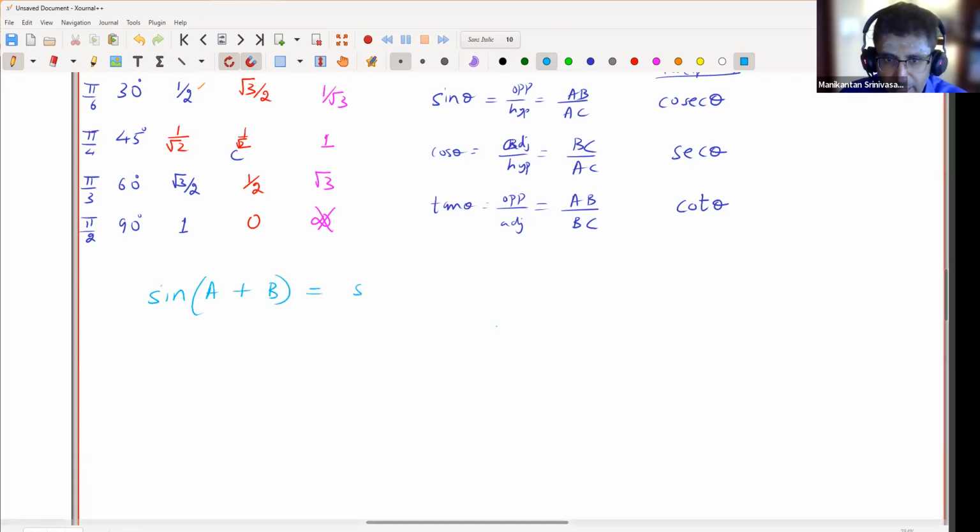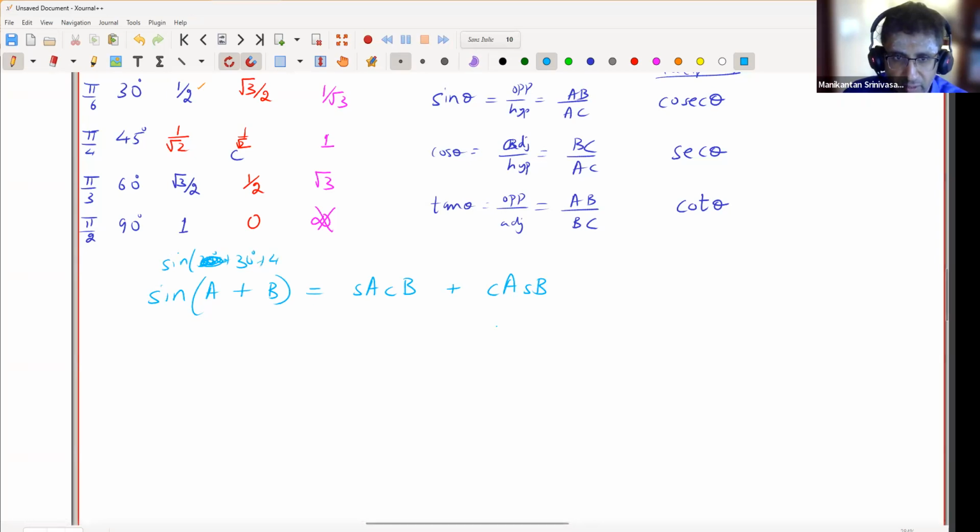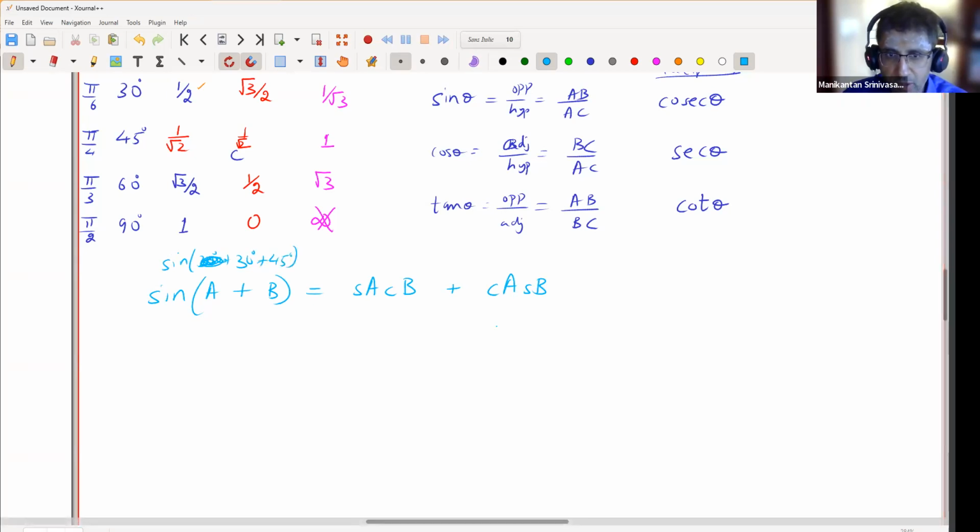So sine of a plus b is sine a cos b, I'm just writing s for short, plus cos a sine b. Okay, so for example, we can use this to find sine of 30 plus 45, I meant 75, because we know 30, we also know 45, but we don't know 75, but we can use this to find sine 75, for example.